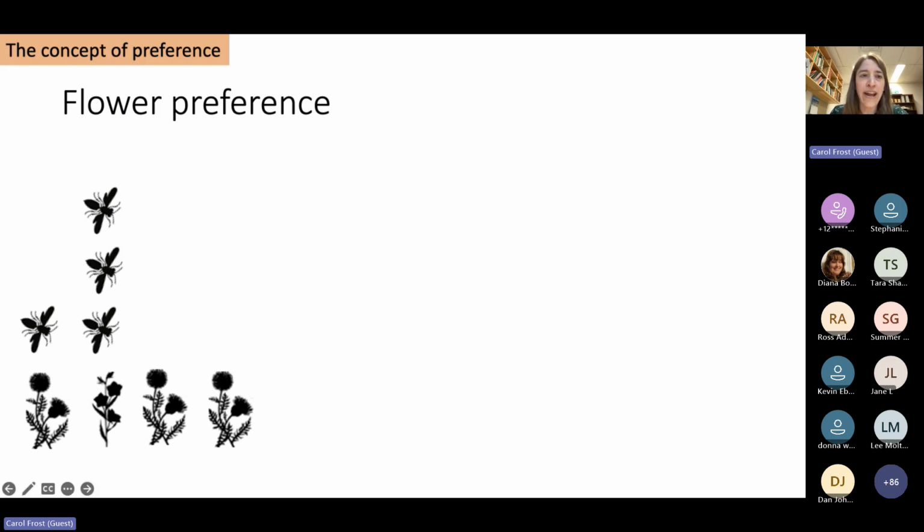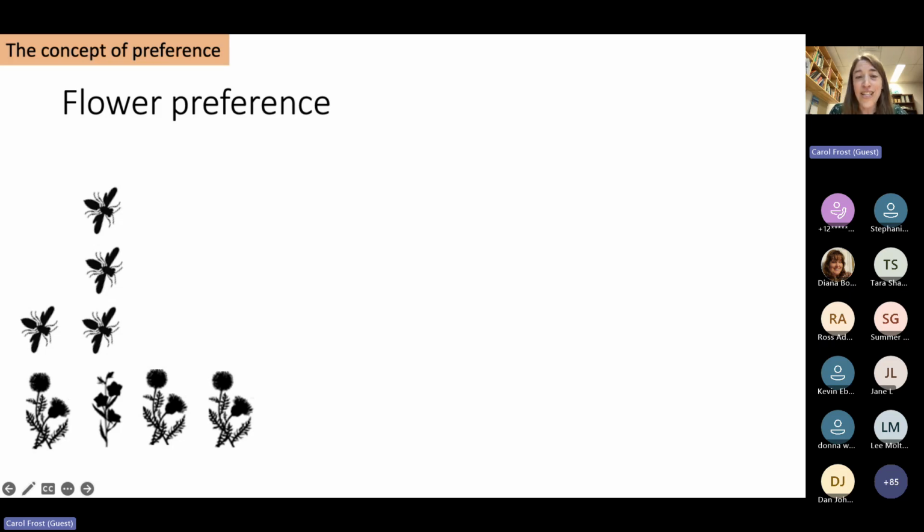Now, I want to start out by talking about the concept of preference, because it gets a little bit slippery when you start expanding it to a community. So first of all, here's a picture of how we might conceptualize flower preference. We have a community of 2 flower species, 4 flower individuals. 3 of the individuals are one species and 1 individual is another species.